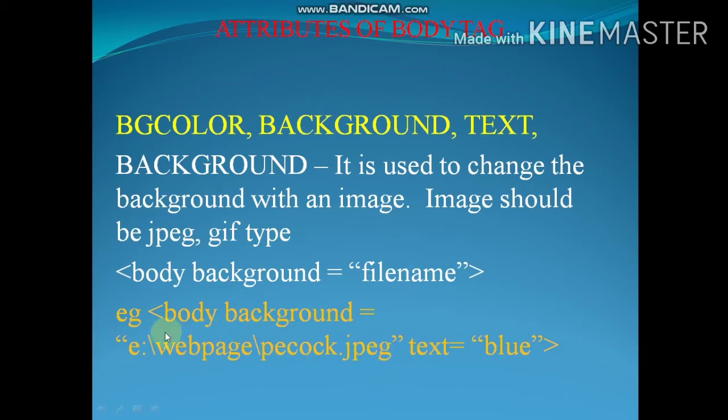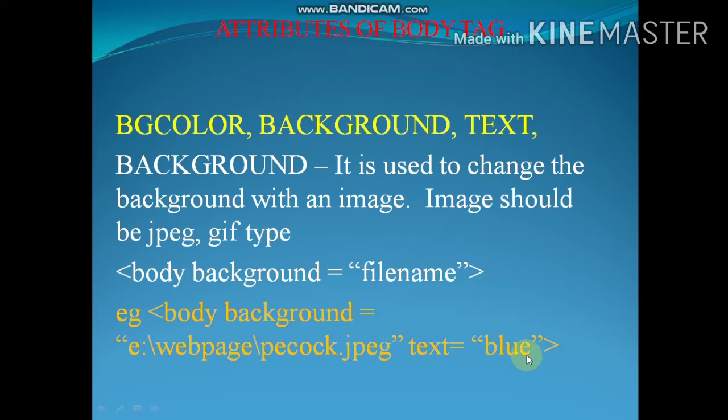Here I am using the example body background equal to the file which I stored in the E drive. Inside the E drive there is a web page folder. Inside the web page folder the peacock.jpg image is there. So you should write it with the extension .jpeg or .jpg. And I changed the text color also to blue.